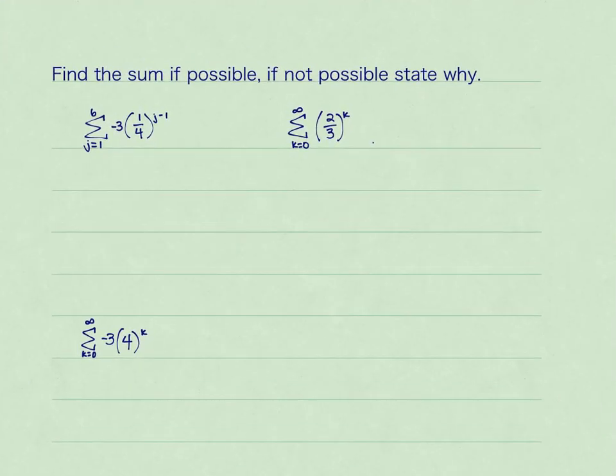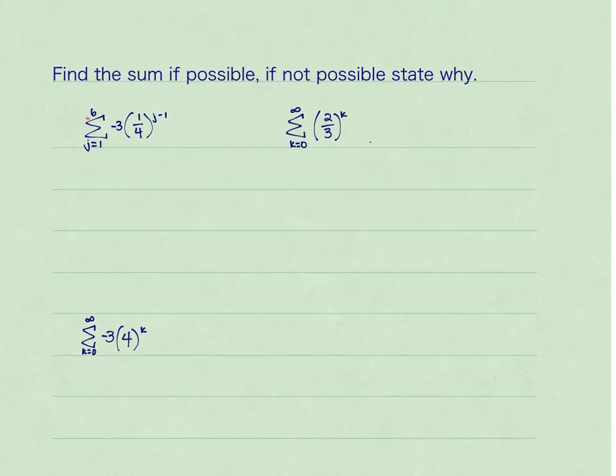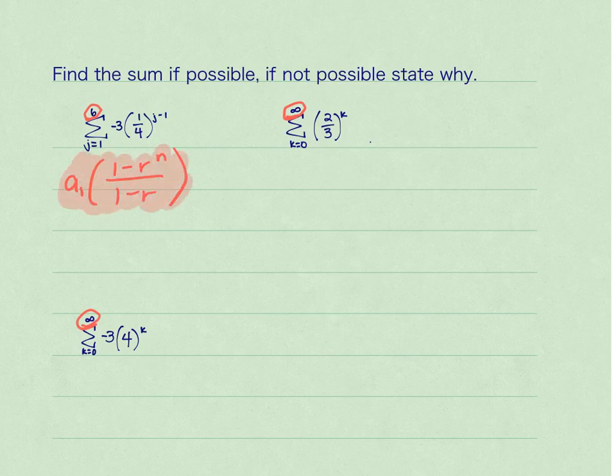All right, then it's the sum. Finite is going to have a number at the top. Infinite is going to have the infinity symbol at the top. Finite, we do A1 times 1 minus R to the n over 1 minus R. That's the, what are we on, 1, 2, 3, fourth equation you need. So this is the geometric finite sum.